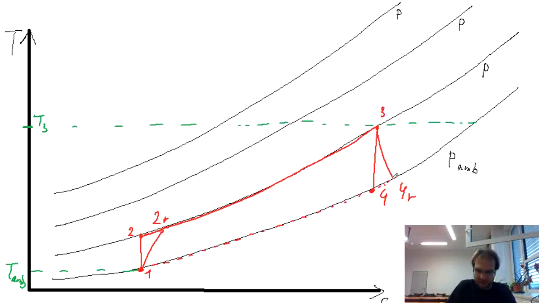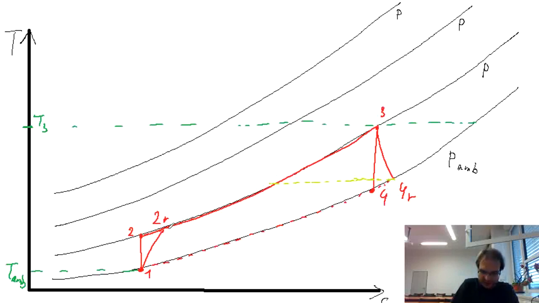Now we can see that the temperature at the point 4, let's take the cycle with the real component efficiencies, so the temperature at the point 4 is much higher than is the temperature after the compressor.